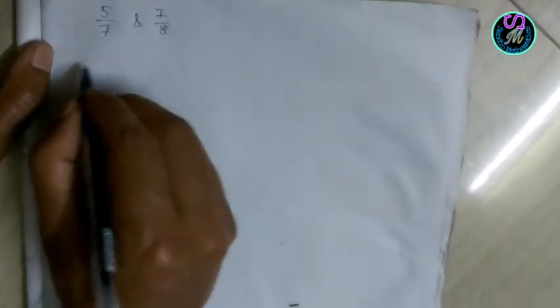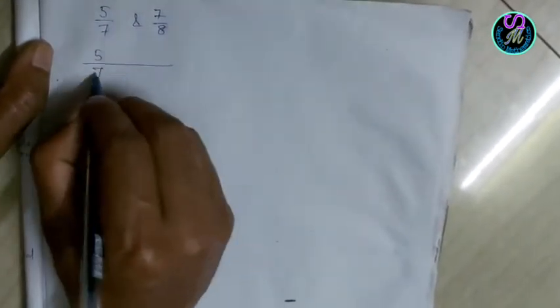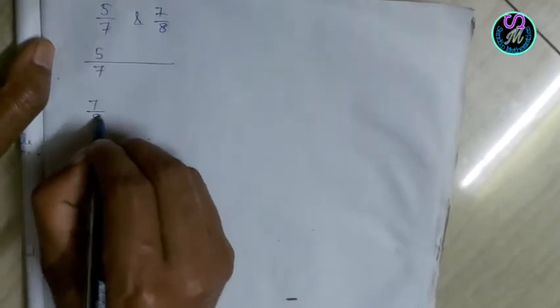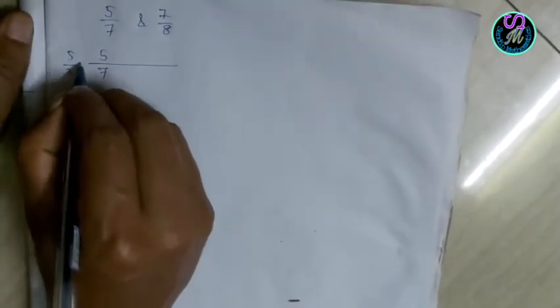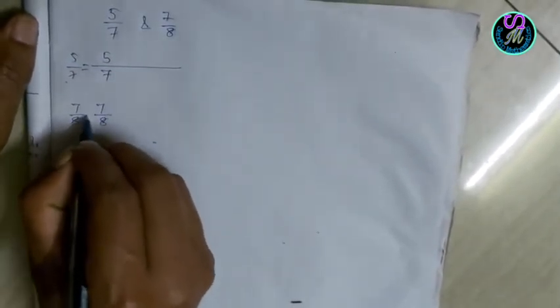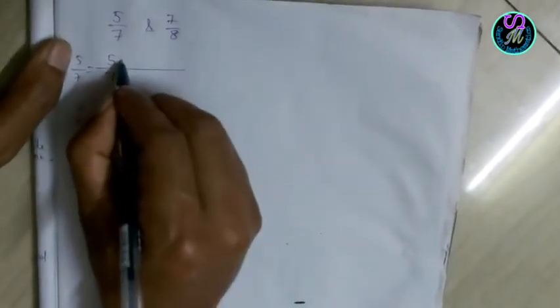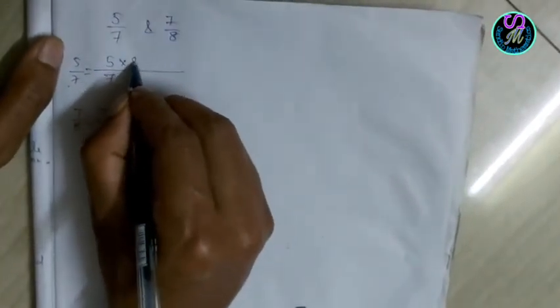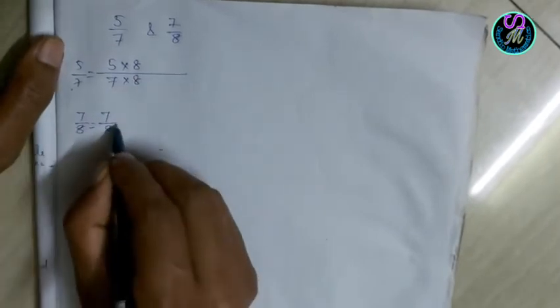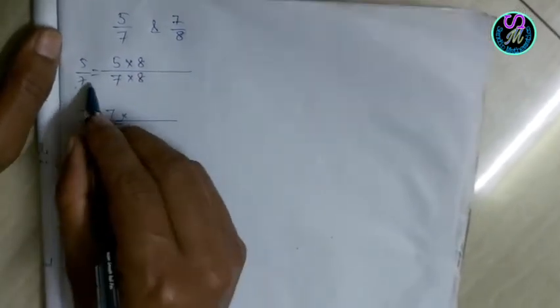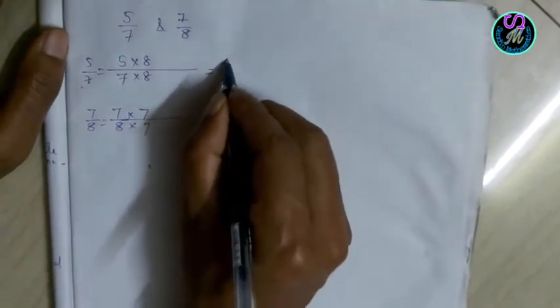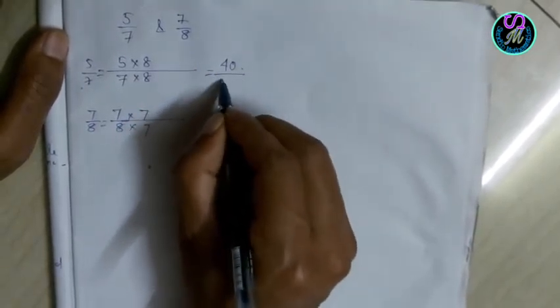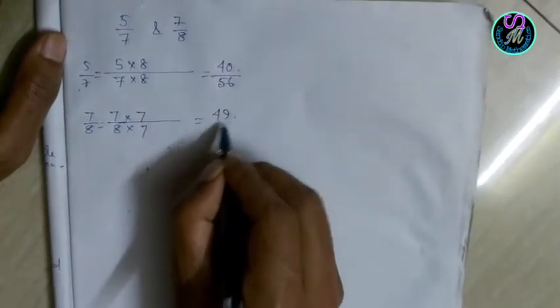The denominators are not the same, so multiply the first by 8 and the second by 7. So this one is 5 into 8, 40 by 56, and this one is 49 by 56.